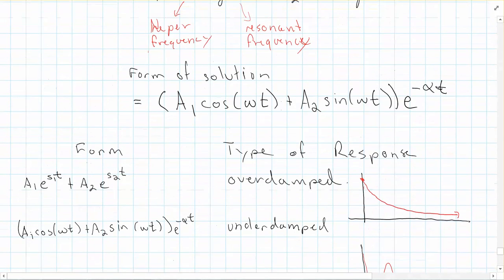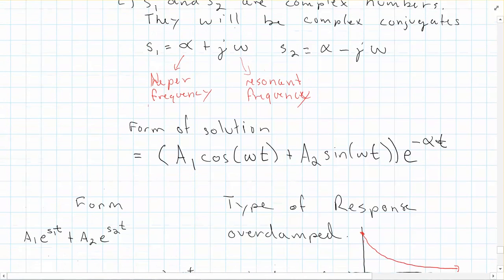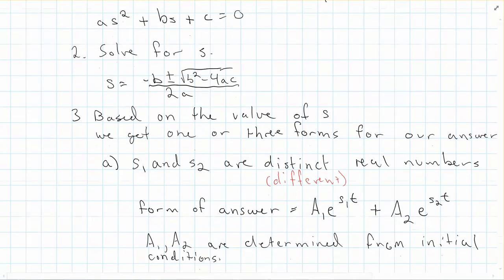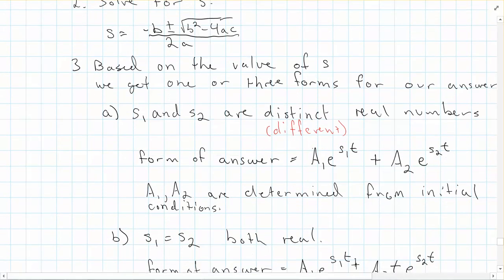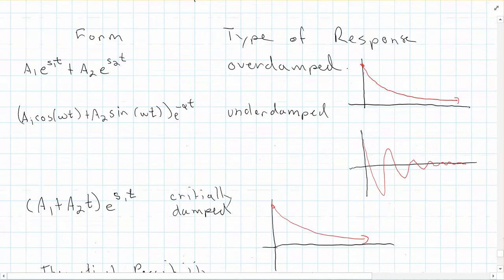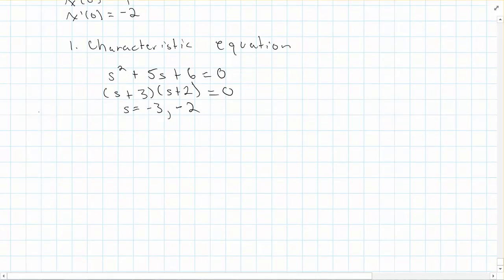So I'm just going to scroll back here a little ways. Distinct different real numbers. We know that the form is a1 e to the s1t plus a2 e to the s2t. So I'm going to write that down here.